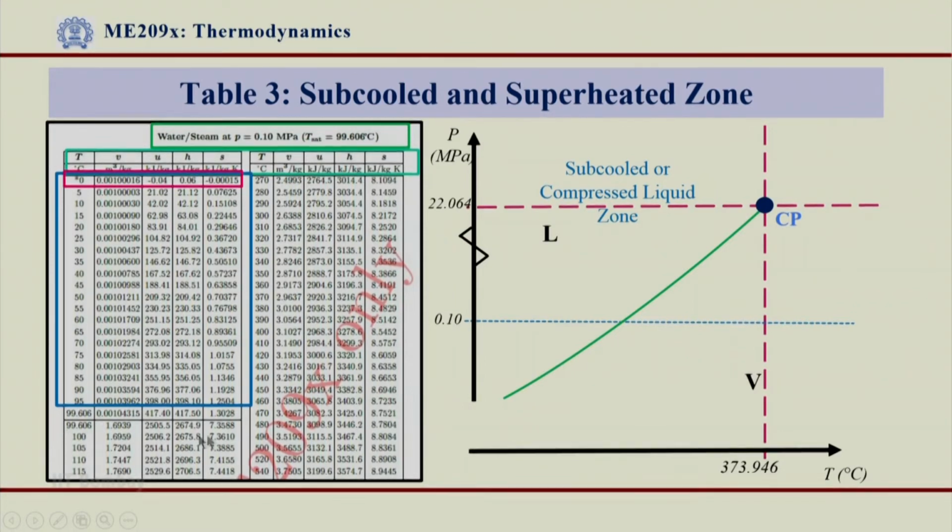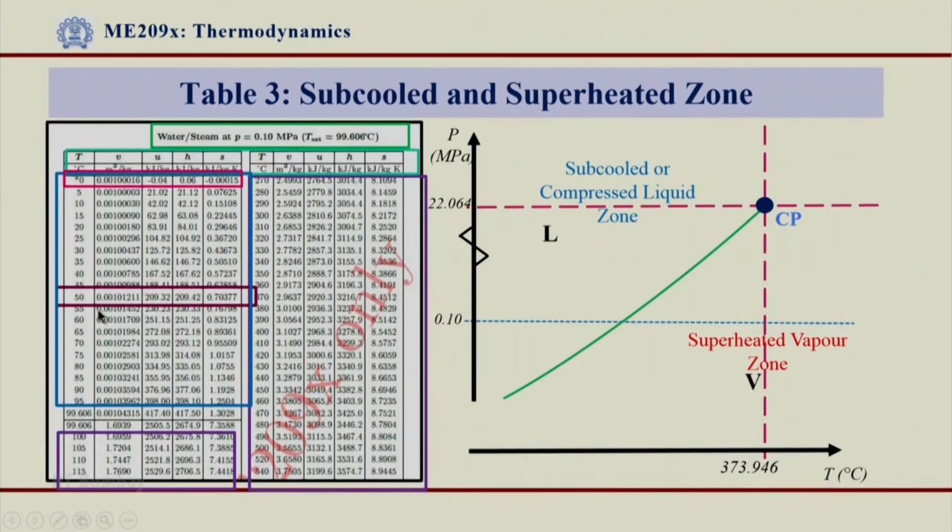And if we go beyond 99.606 degrees centigrade, beyond the Tsat value, we are in the superheated vapor zone. This entire second part is in the superheated vapor zone.